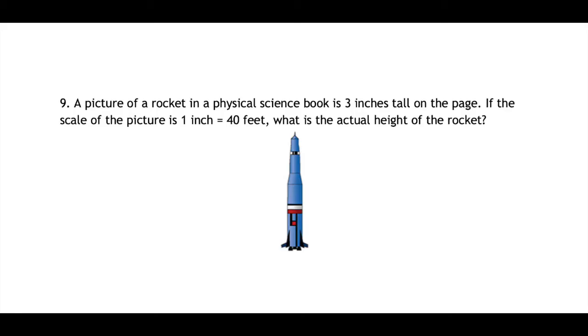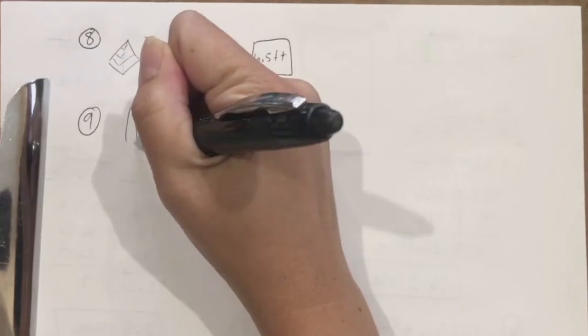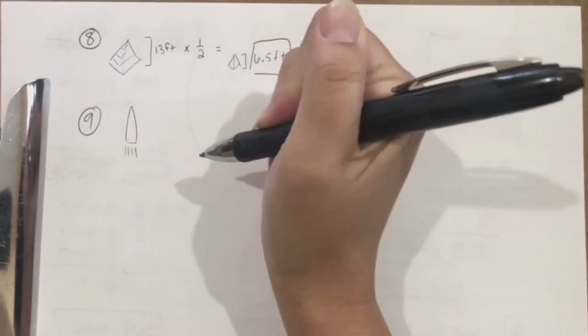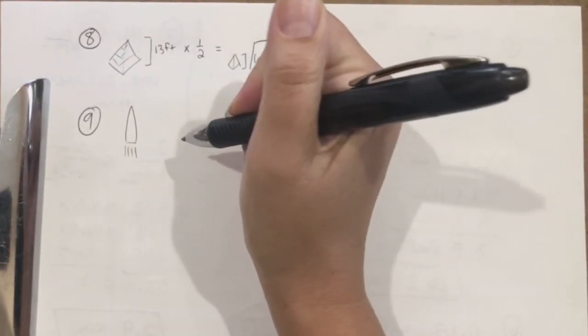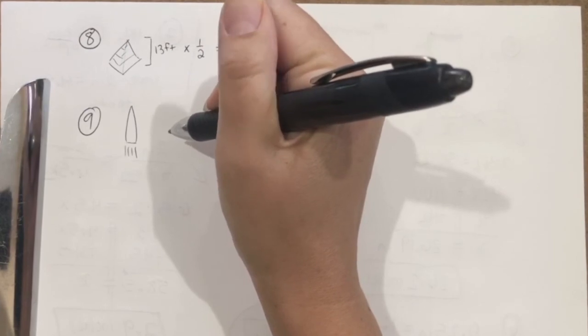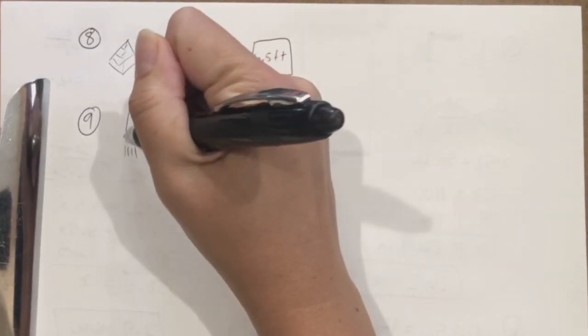Number 9, a picture of a rocket in a physical science book is 3 inches tall on the page. If the scale of the picture is 1 inch corresponds to 40 feet, what is the actual height of the rocket? We have a rocket, please excuse my drawing.